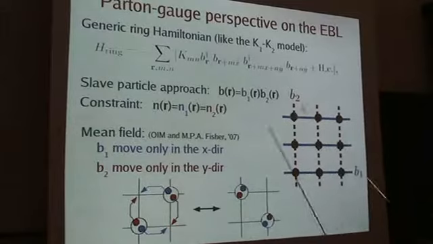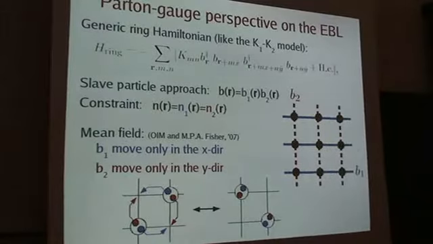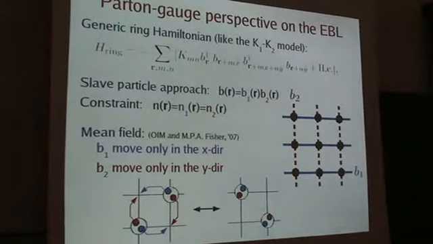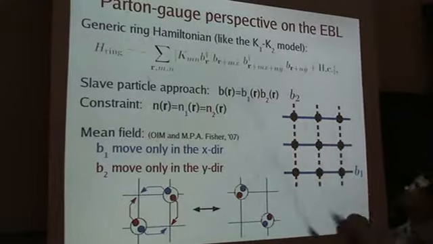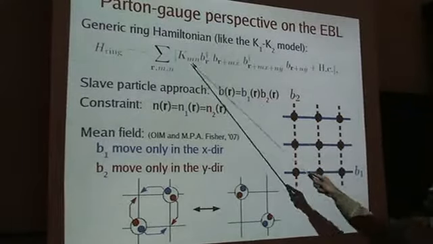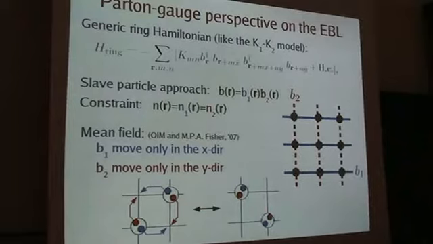So here is the context. Let's think in the context of some such ring Hamiltonians, with maybe more extended ring terms, where we are deep in this EBL phase, and let's try to understand if we can recover the EBL phase from a slave particle approach.